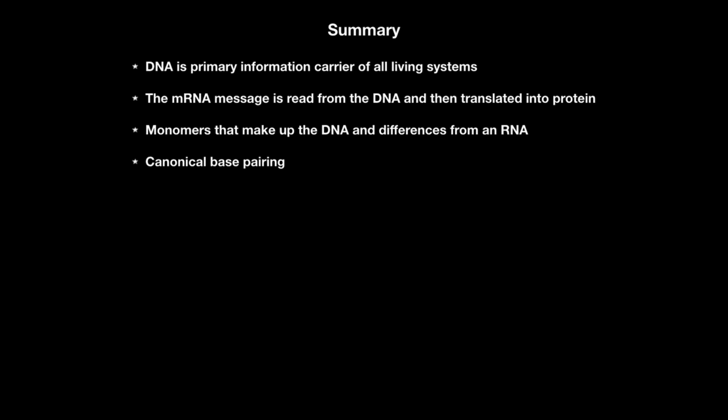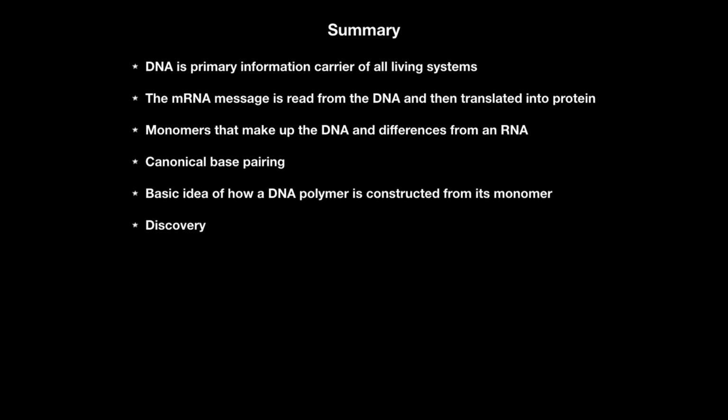We also understood the basic idea of how a DNA polymer is constructed from its monomer, the discovery of the DNA double helix model, and we saw differences between the different forms of DNA.